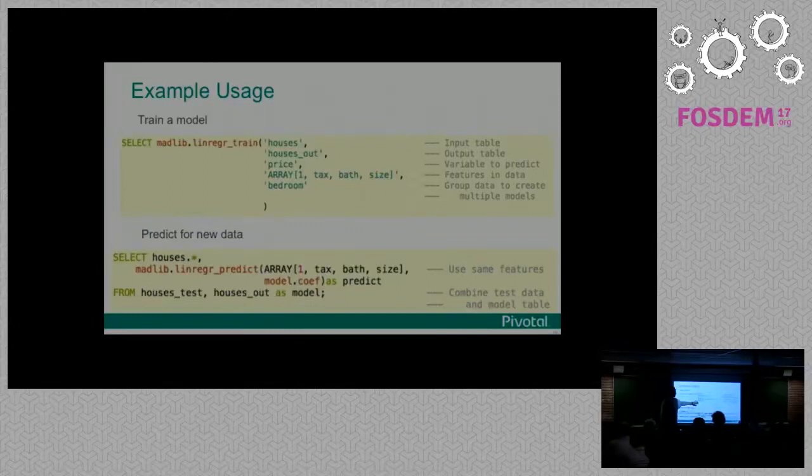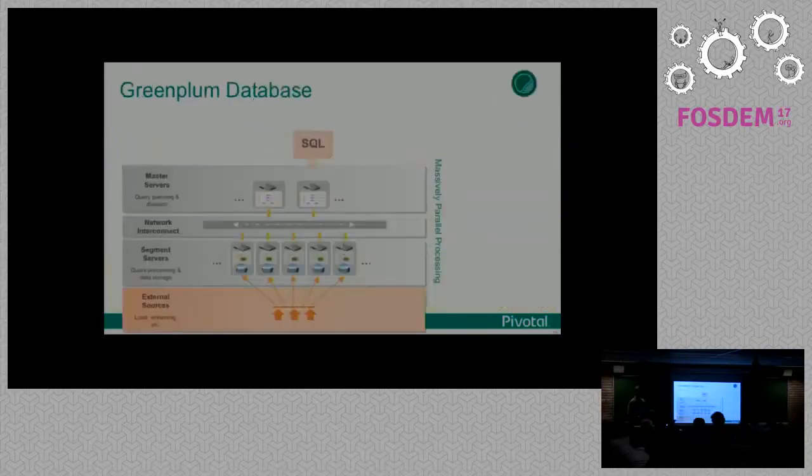And you want to build that model by number of bedrooms. So there's this idea in machine learning about training and then prediction. You train, you build this model. Then when you get new data in that you want to predict, you have an associated prediction statement for that. So this is the idea behind the way MADlib is set up with respect to SQL.